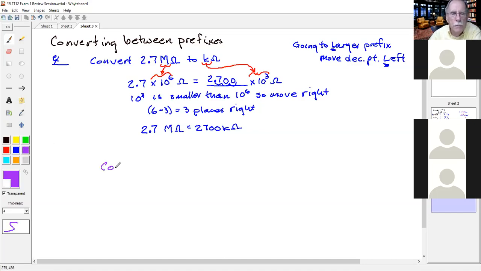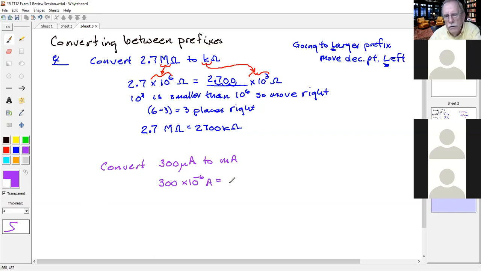So convert 300 microamps to milliamps. First step, get rid of the prefixes. So 300 micro is times 10 to the minus 6.